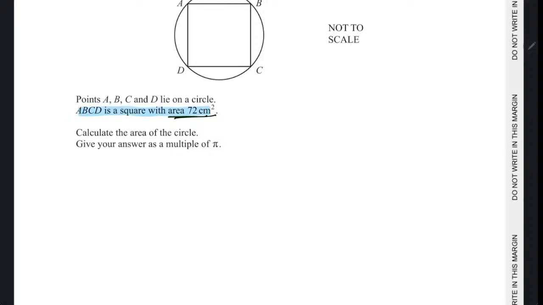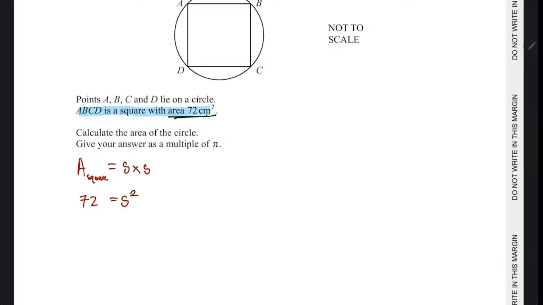So area of the square will be equal to side times side. And they said 72 is equal to side squared.